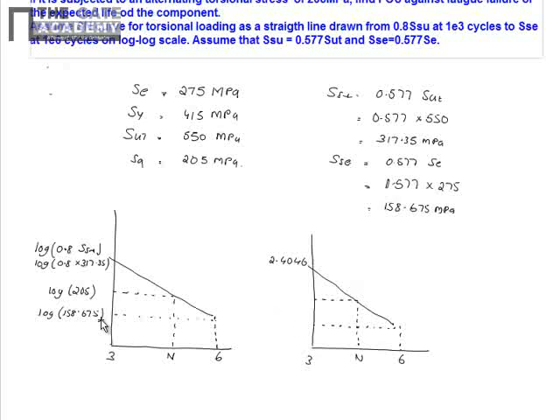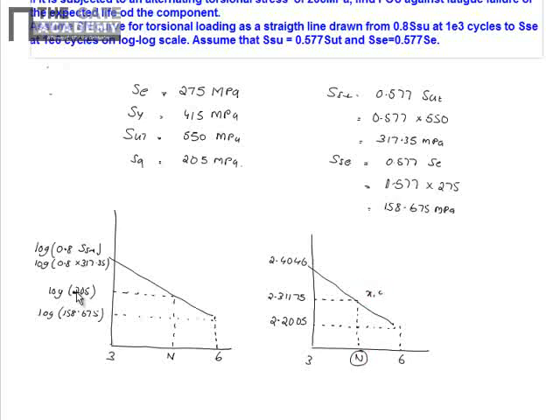That is nothing but 2.2005, and this point will be log of 205, that is nothing but 2.31175. Now our goal is to find what is the value of n.